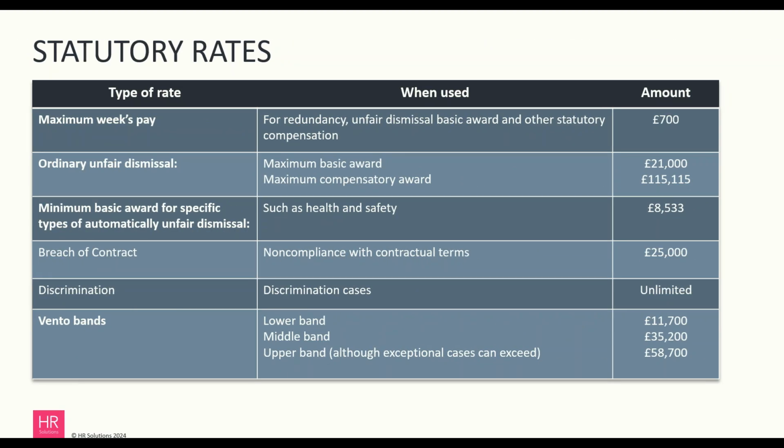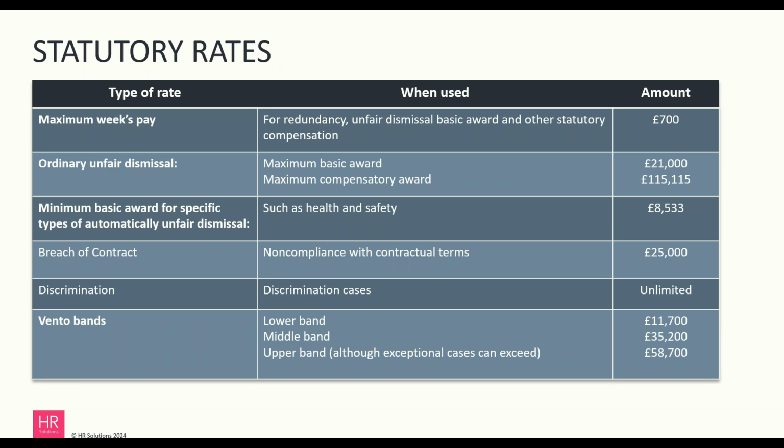So the many different suggestions that we've gone through so far are all things that will help prevent tribunals from occurring. If you were faced with a tribunal claim, whether it's in respect of discrimination on the grounds of pregnancy, paternity, sex discrimination, or any of the others, or unfair dismissal, these are the amounts.